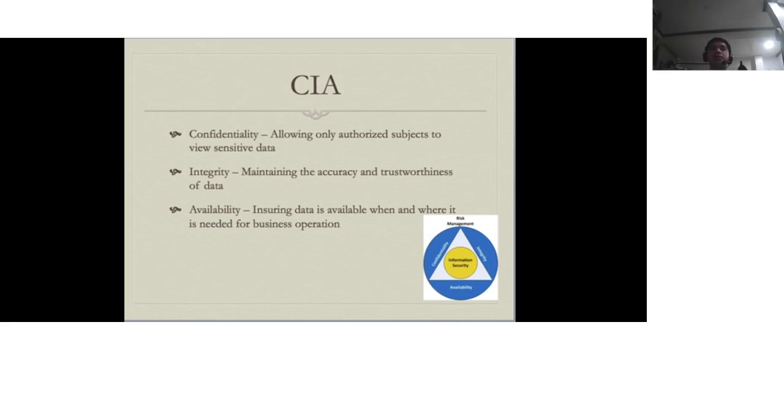So, CIA is what we call the triad, no, or it's actually a foundation sa security, consists of three elements. So katong elements na confidentiality, integrity, and availability.